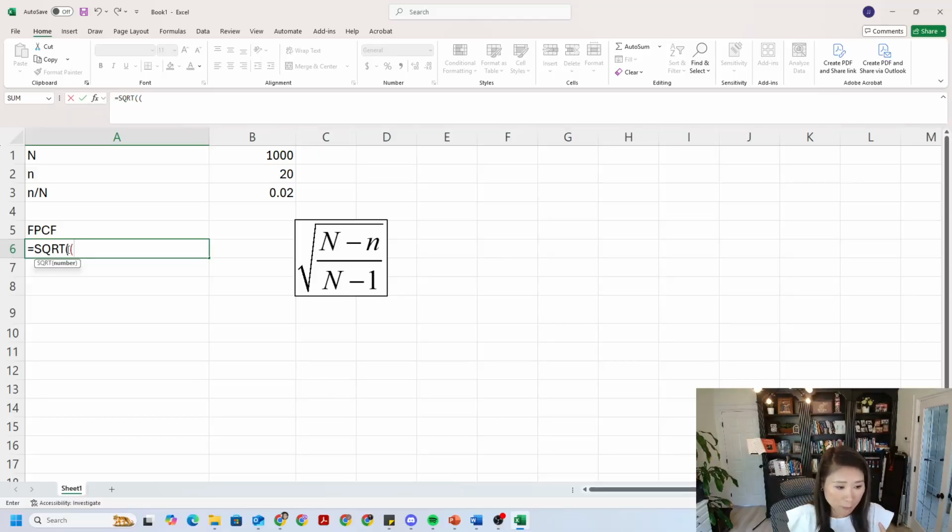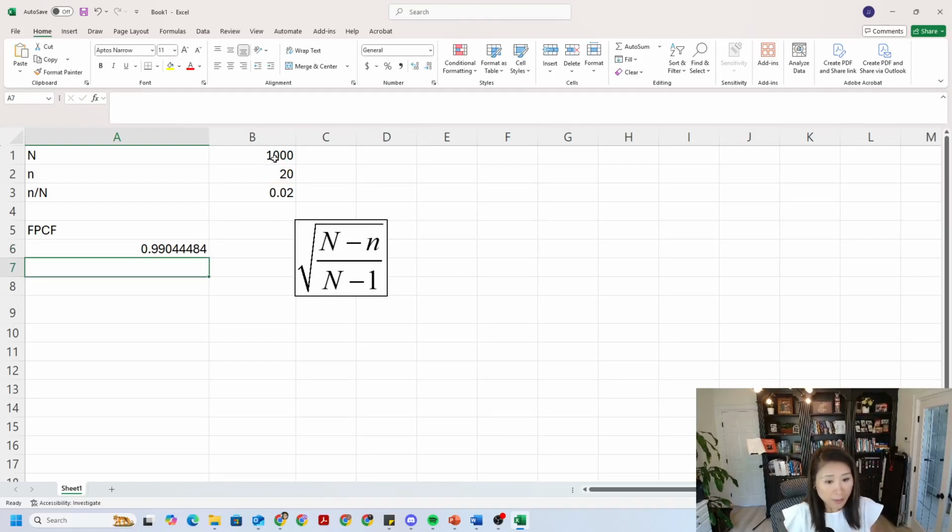After the first parenthesis, you add the second parenthesis, and then choose the capital N minus the small n. Close the parentheses, and then divide by, again, parentheses. Don't forget the denominator has 2 numbers here. You don't want to miss one. So divide by capital N minus 1. Close the parentheses, and close parentheses. Now you can push enter.